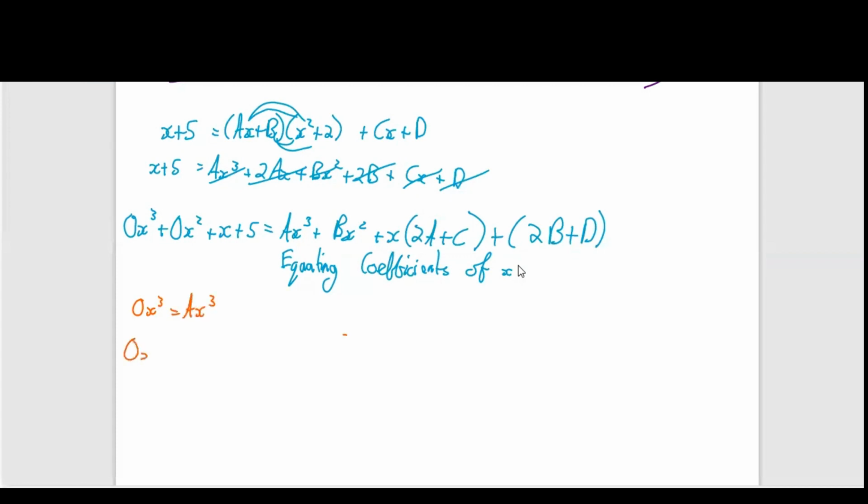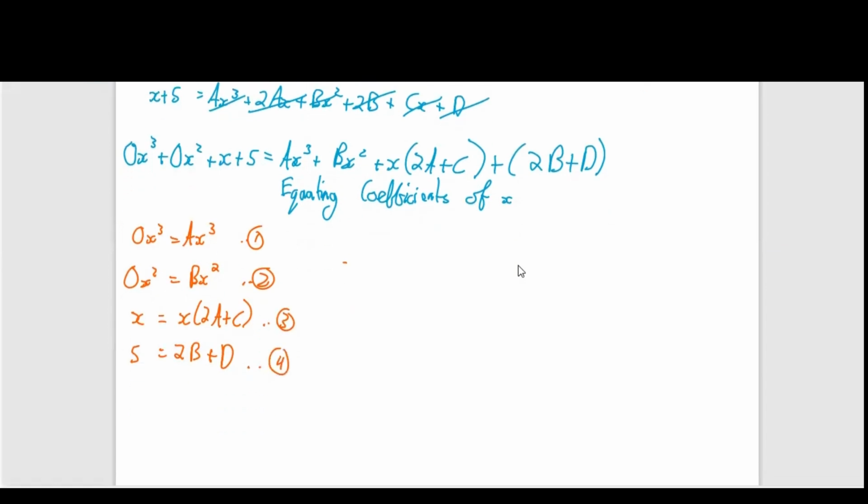We will have 0x squared equal to bx squared. We have x equal to 2a plus c times x. And then we have 5 equal to 2b plus d. So we can name these 1, 2, 3, and 4.